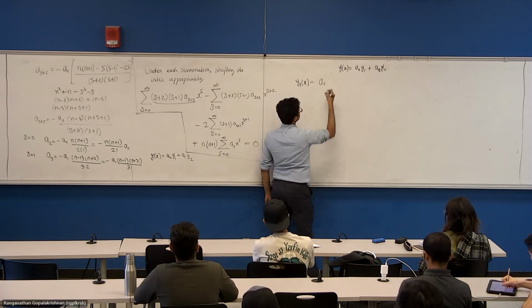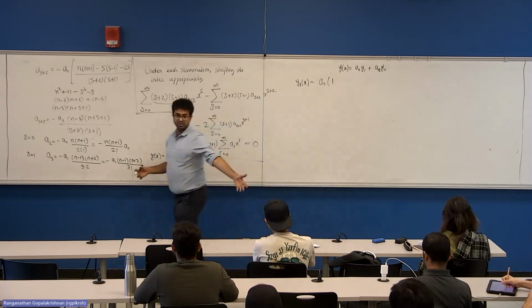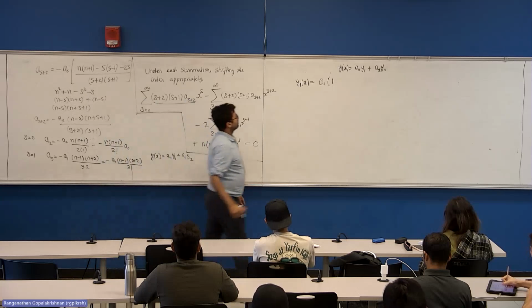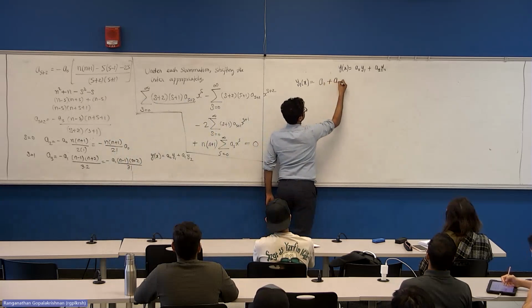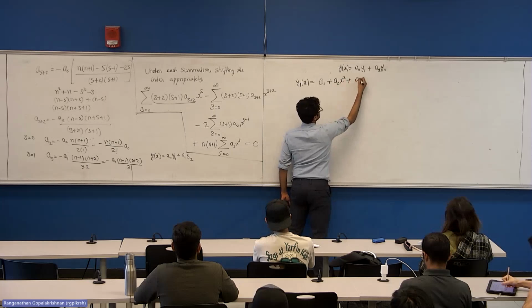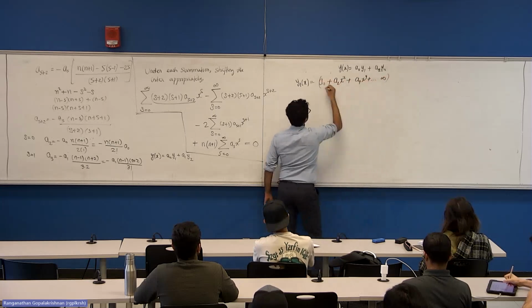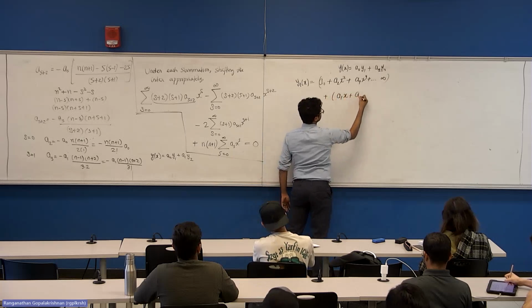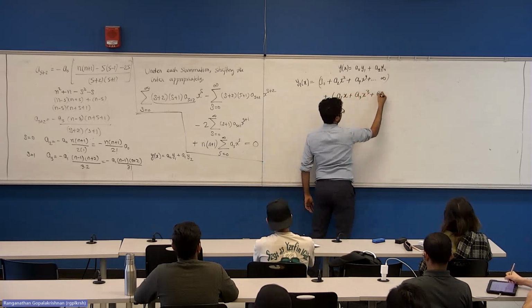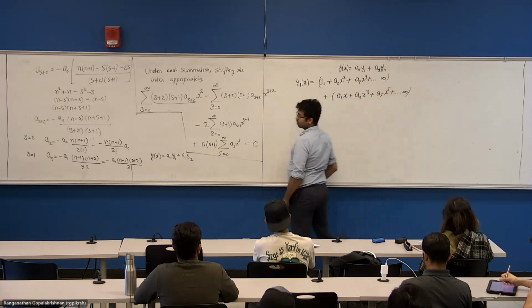So a naught plus a2 x squared plus a4 x to the 4 plus and so on up to infinity. And then the other series is a1 x plus a3 x cubed plus a5 x to the power 5 plus and so on up to infinity.